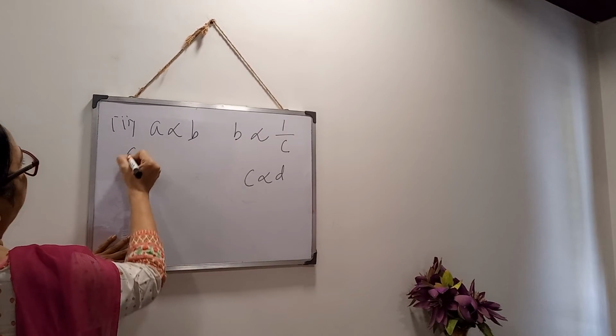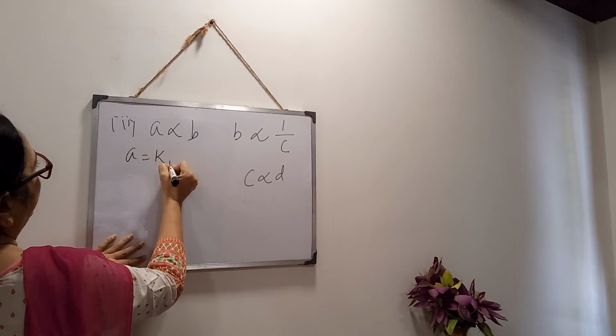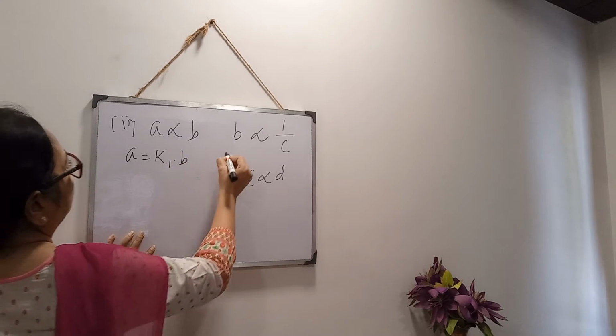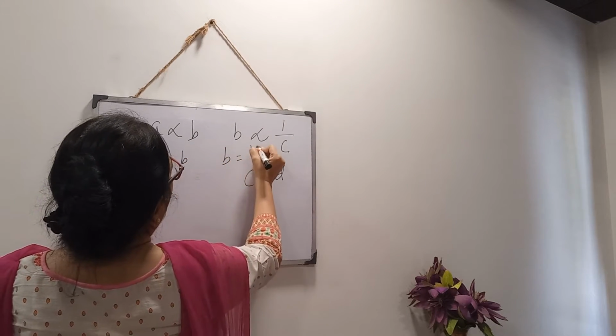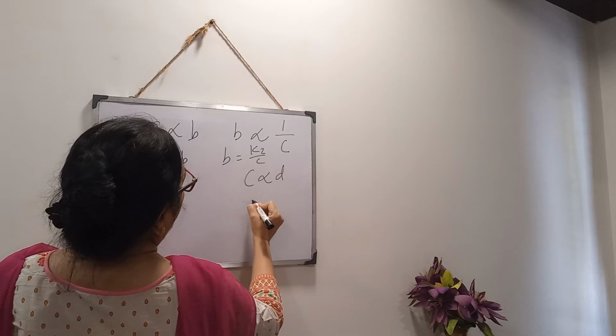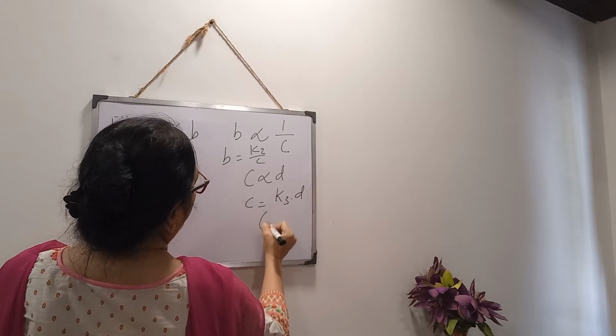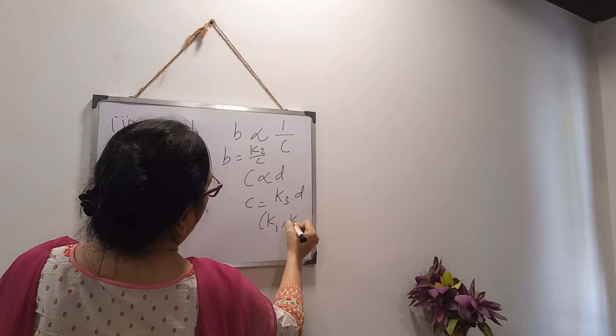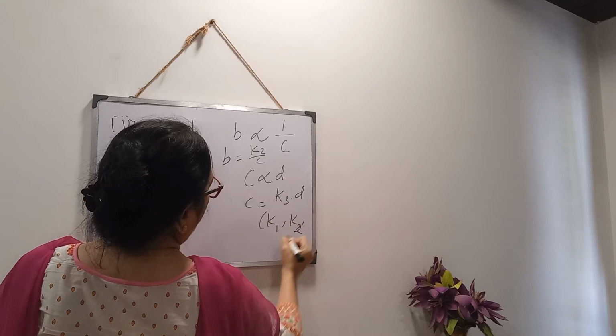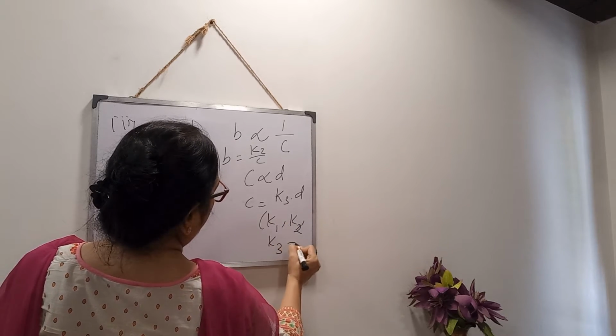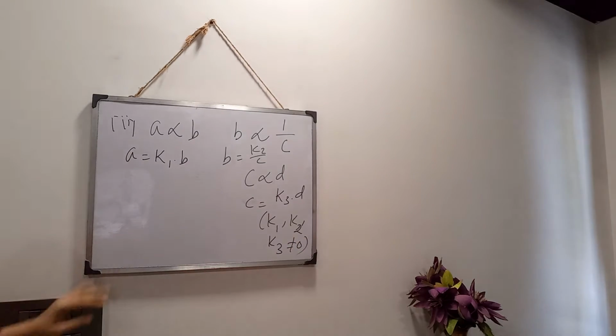From here what can we write? A equals K1 into B, B equals K2 by C, C equals K3 into D, where K1, K2, K3 are non-zero variation constants.